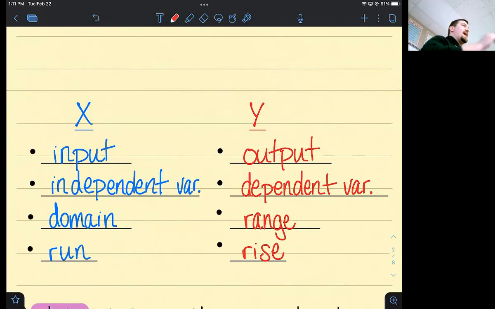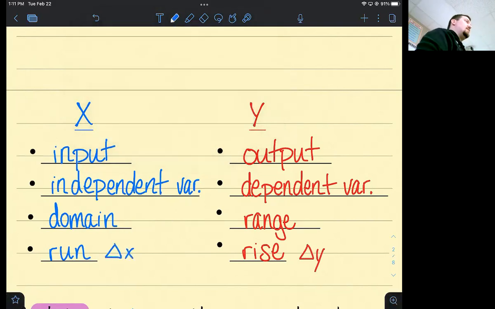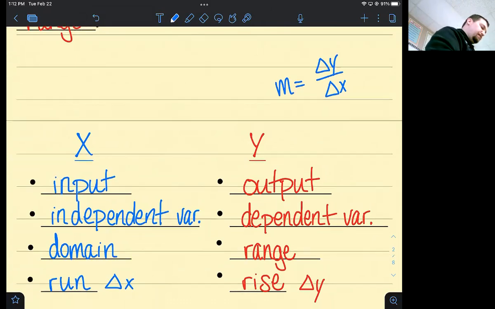The rise is the change in Y. The run is the change in X. And so if you ever see delta Y or delta X, that means change in Y over change in X. Some high school textbooks will say m for slope. Oh, I just gave you one of the homework problems from the 3.5 Algebra 1. It'll look like this: delta Y over delta X, change in Y over change in X. It means rise over run. That's what they refer to it in advanced classes. They don't say rise and run, but I like rise and run.